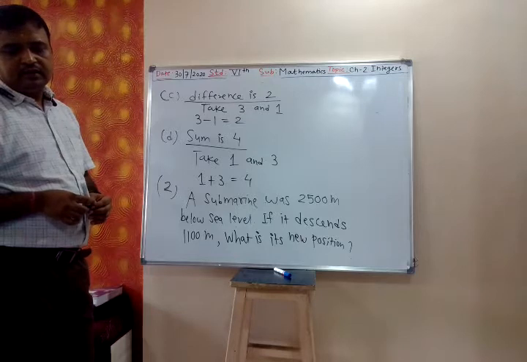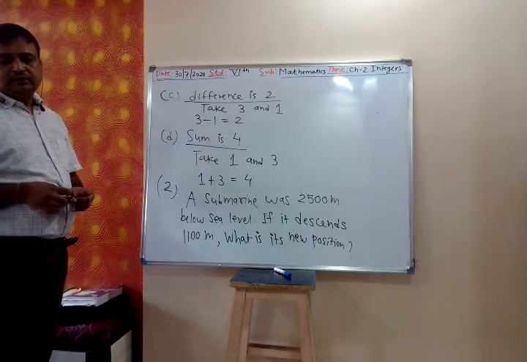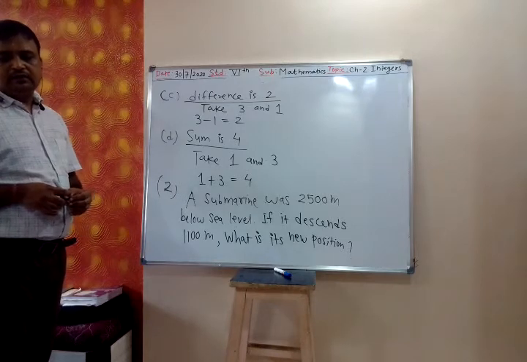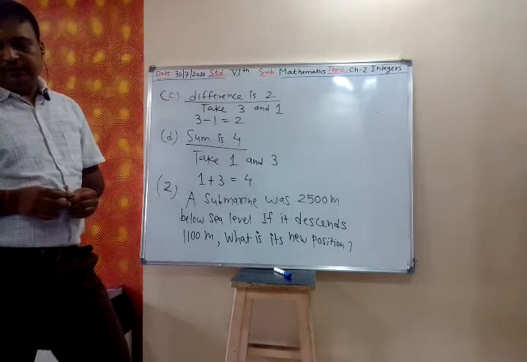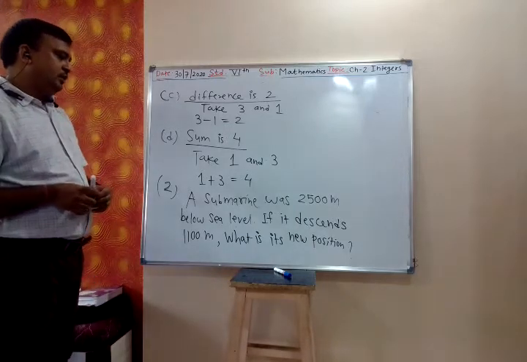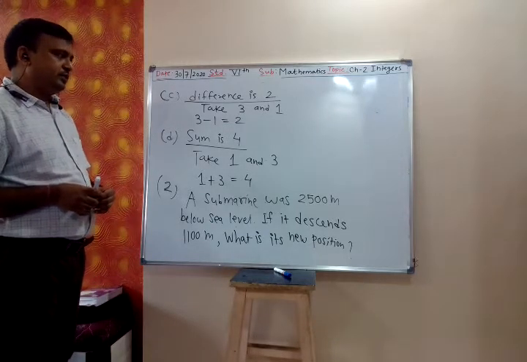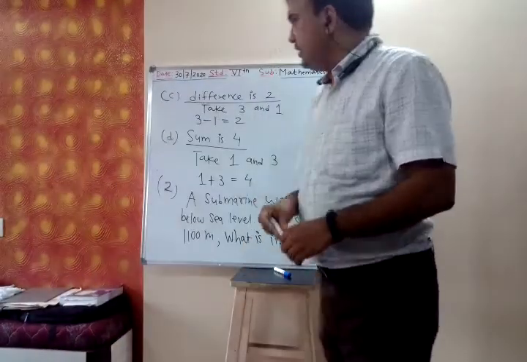A submarine was 2,500 meter below sea level. If it descends 1,100 meter, what is its new position? See here, this question I am explaining.